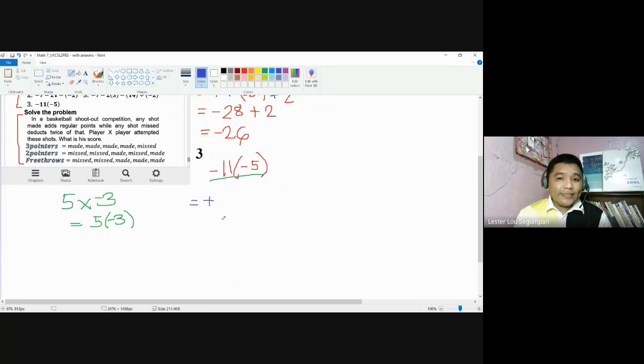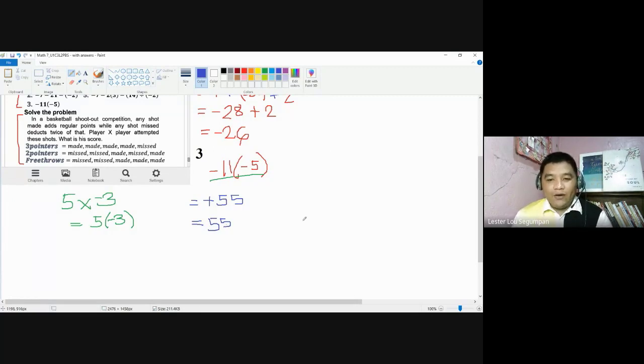That is now the result for the numerical figure 11 times 5, positive 55. Again, multiplying two numbers with the same sign becomes positive, and then 55. You don't need to write the positive sign anymore; you simply place 55, which automatically means positive.